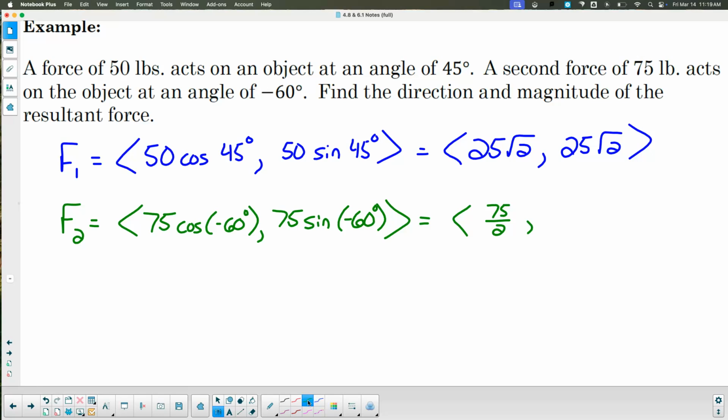The sine at negative 60 degrees is negative root 3 over 2. So then that's going to be 75 square roots of 3. Oops, I forgot the negative sign. All over 2. Yes? Okay. So the resultant force is going to be those all added together.